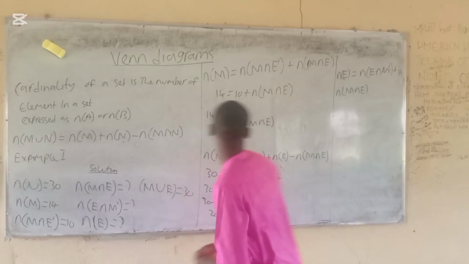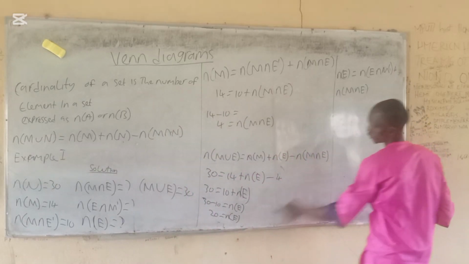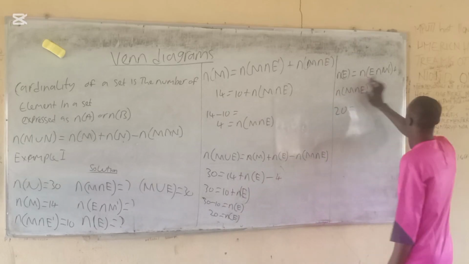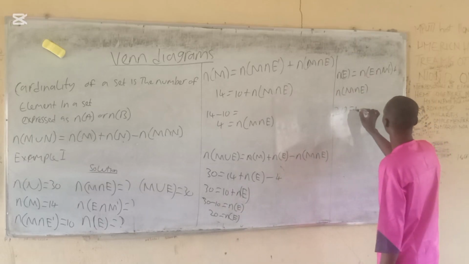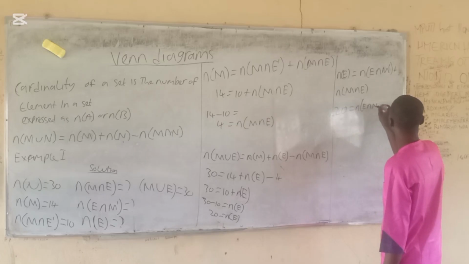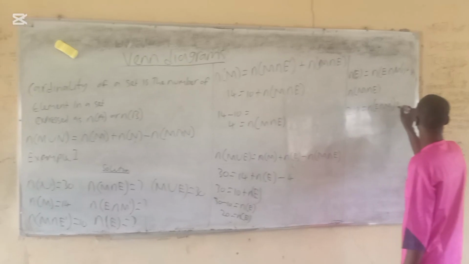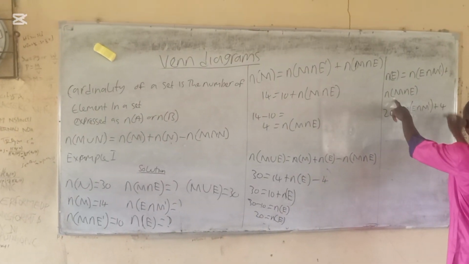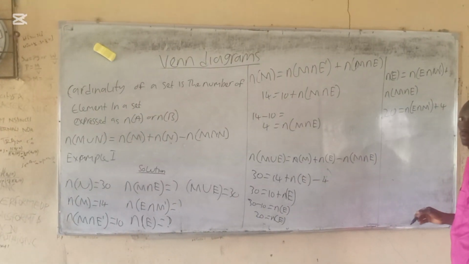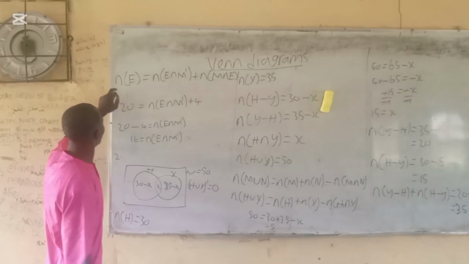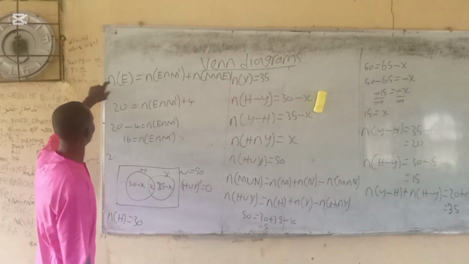Yes. Now, this one is 20. It's equal to number of E intersect N prime, which we don't know yet, right? Plus this one, which is 4. Okay, now, this is the last aspect.